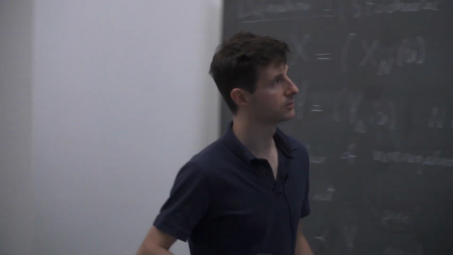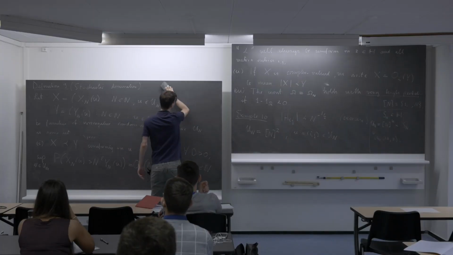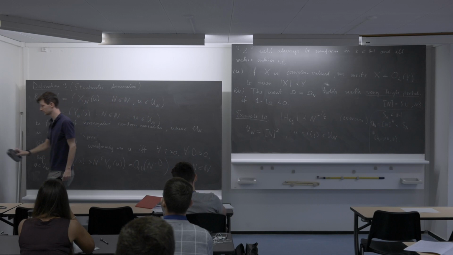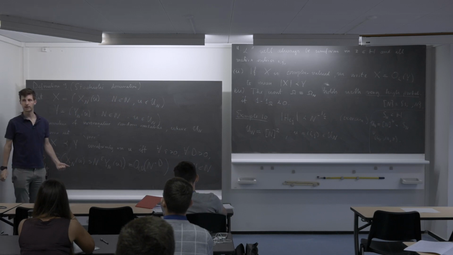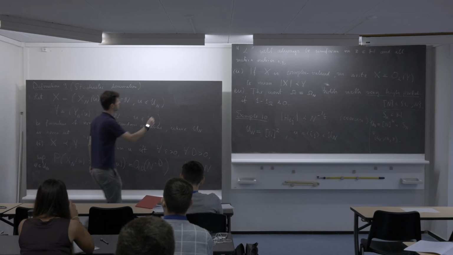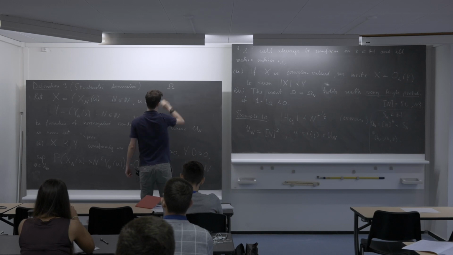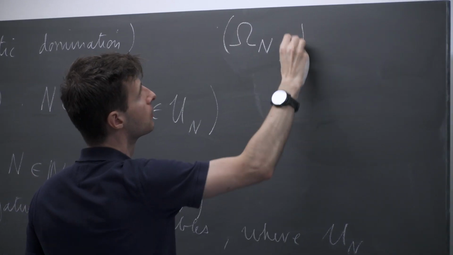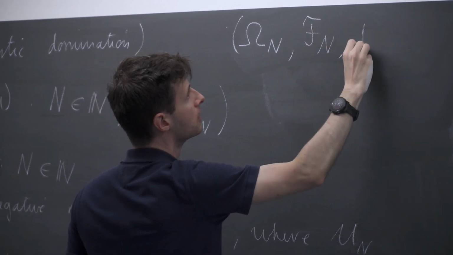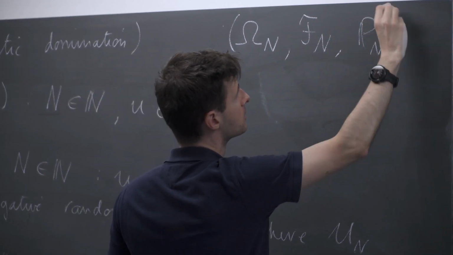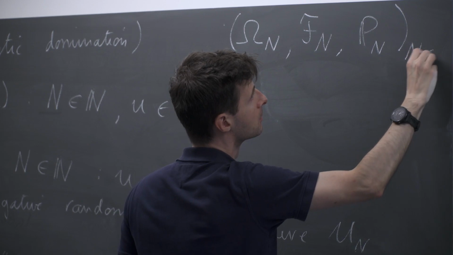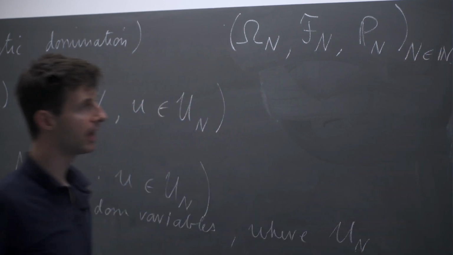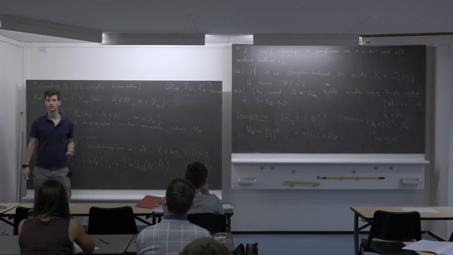So the good way to think about this is that you in fact have a different probability space for every n. So we would have a sequence of probability spaces with sigma algebras and probability measures. For every n, you have a new probability space.